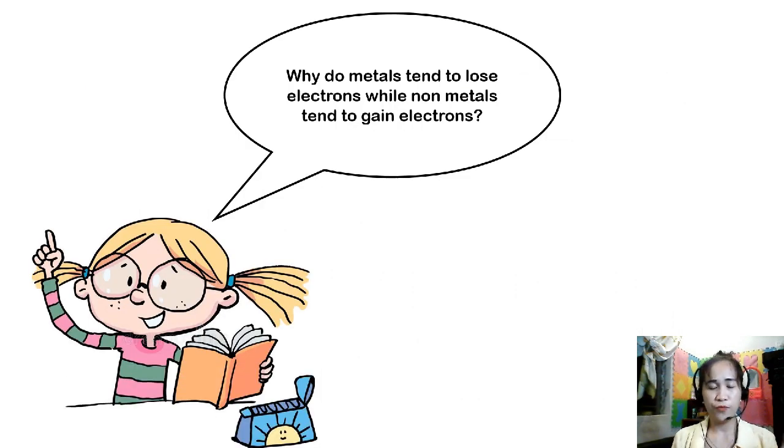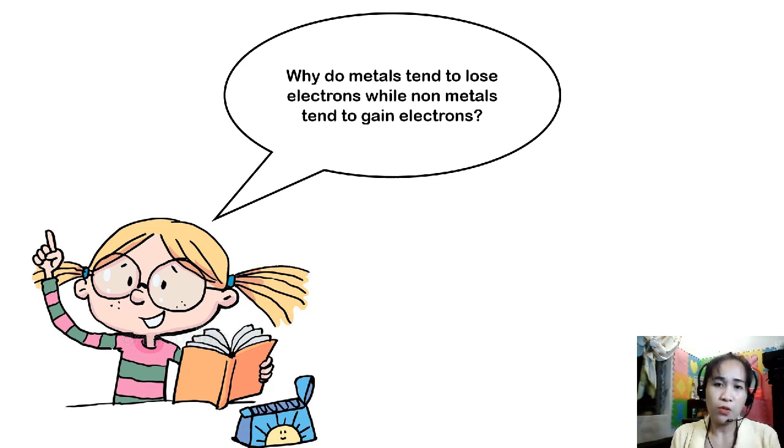So guys, if you could still remember in our Module 2, you learned that the behavior of electrons is complicated to describe, right? However, we use a model of electronic structure, which presents a picture where electrons occupy regions around the nucleus, called the electron shells.